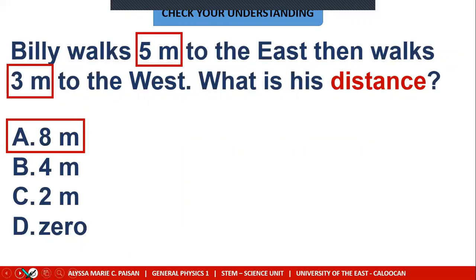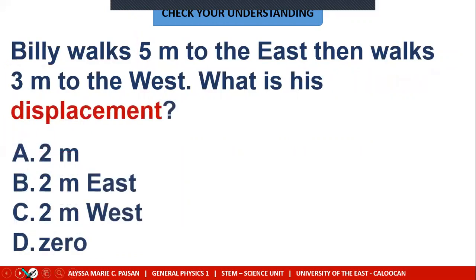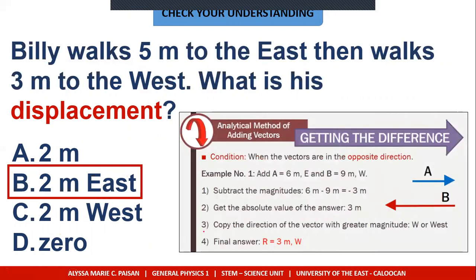That's all there is to it. Now, how about the same scenario again? It's Billy, same displacements, but this time you are asked to get the total displacement. Okay? So in this case, we're going to add the givens the way we add vectors. Remember, when we have two vectors that are in opposite directions, we have east and west, first, we subtract the magnitudes.